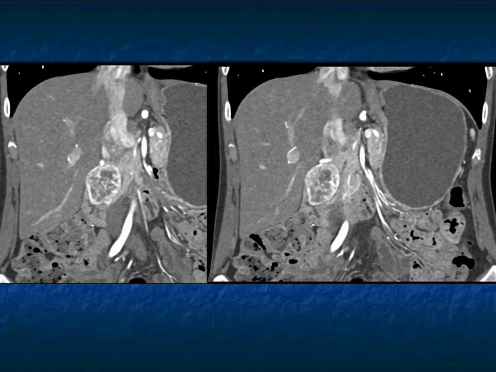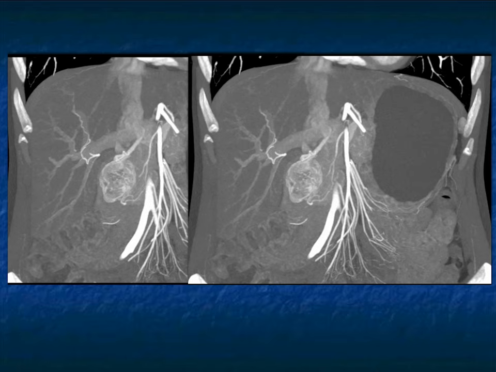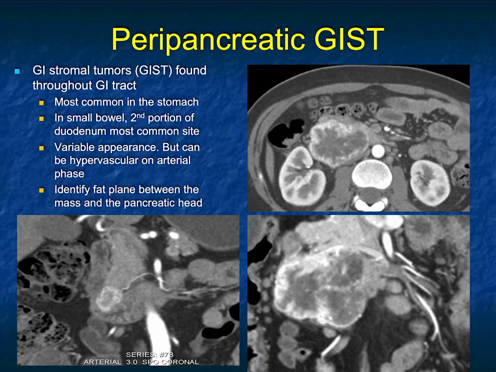Here's the lesion again on the coronal view. Again, it could be pancreas. It still could be a neuroendocrine tumor. Very nicely, the MIP imaging shows you the vascularity of the lesion as well as its orientation. And here's a couple other examples of peripancreatic GIST tumors. So again, in that area, they can be small, they can be larger, they can be very tricky.